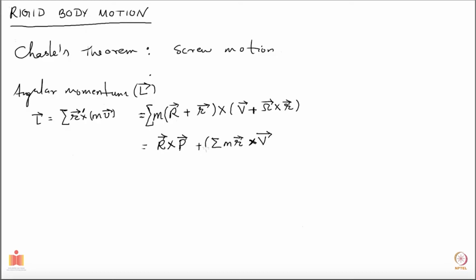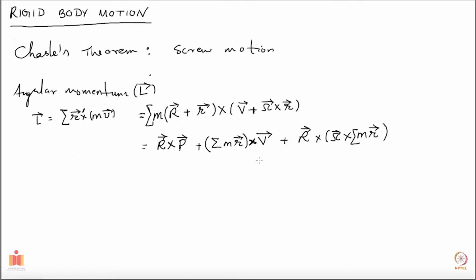Then you have two more terms. You have R cross omega cross r. I will bring the m together with that, because only these are the two pieces which depend on where those particles are located, so I pull out the summation symbol there.